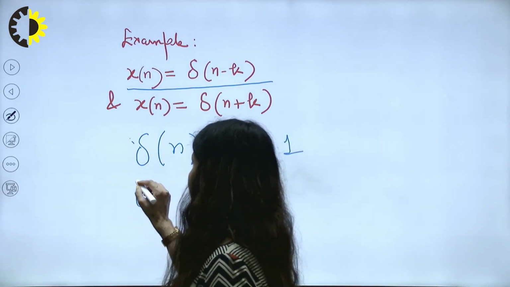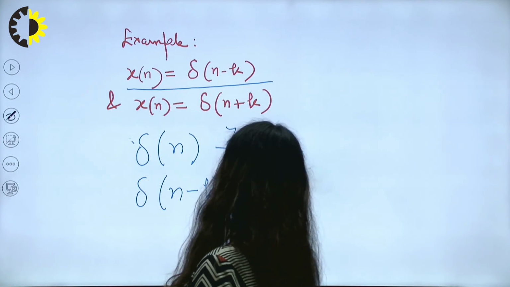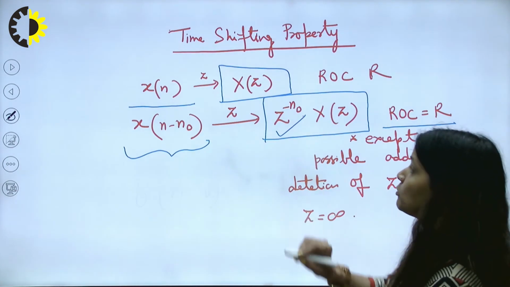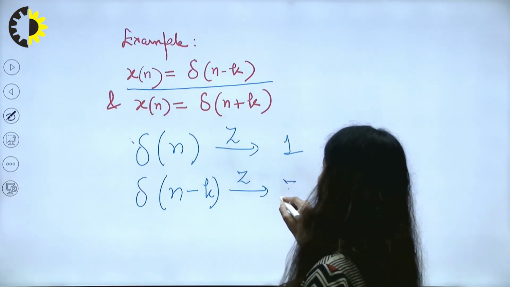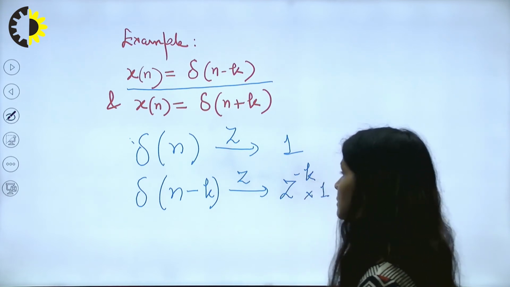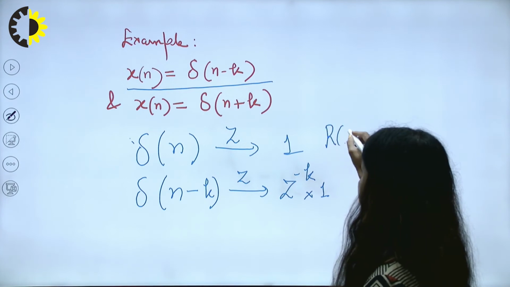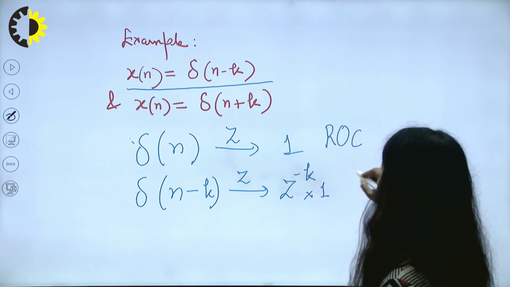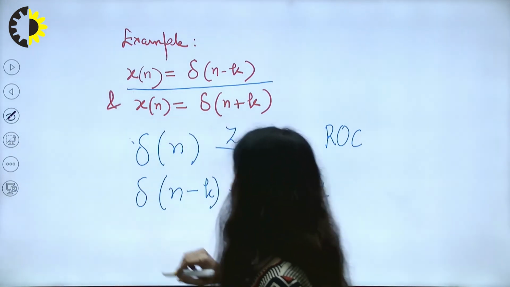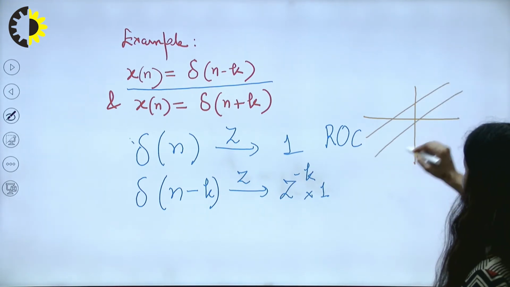So for delta[n minus k], from the property it should be z raised to the power minus k into 1. The ROC in this case is the entire Z plane.